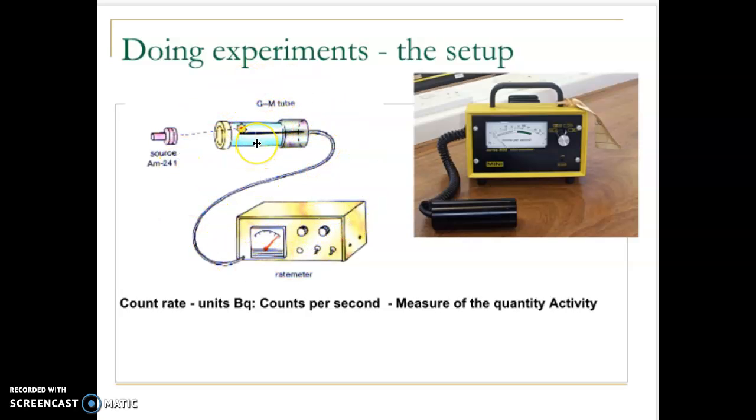Each one of those clicks is an ionizing particle, which is creating a count. So obviously the more radioactive a source is, the more clicks you'll get, and so the greater the count. Now the units that are used, and we'll look at this in high level, are the becquerels, right, which are the counts per second. This is a measure of the quantity activity, and that's how we describe how radioactive something is, by looking at its activity.